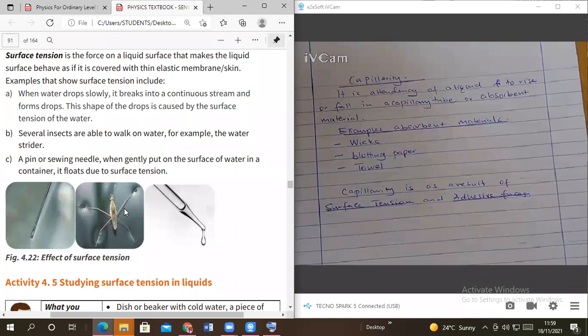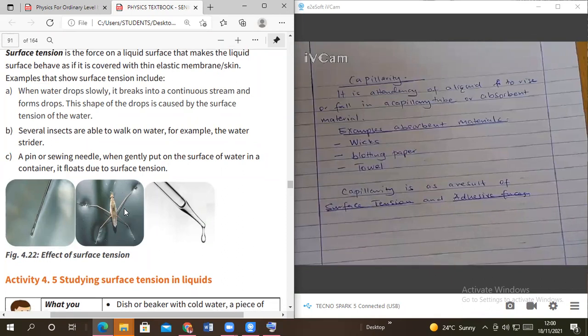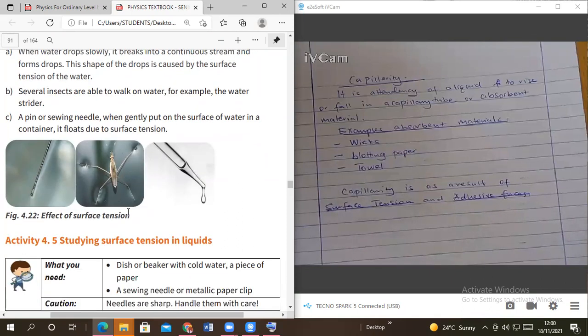But if surface tension is low, we expect high capillarity, because there will be no membrane on the surface of the water. That means the water can be easily absorbed and it will rise. Whereas if surface tension is high, the membrane will reduce the capillarity.